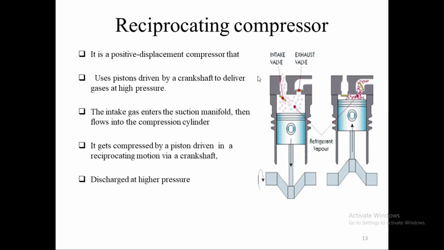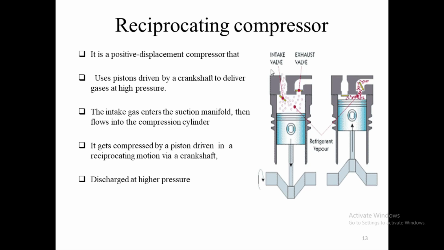This is the same reciprocating compressor. If you remember, it looks similar to the piston cylinder arrangement in an engine. It is a positive displacement compressor that uses a piston driven by a crankshaft to deliver gases at high pressure.